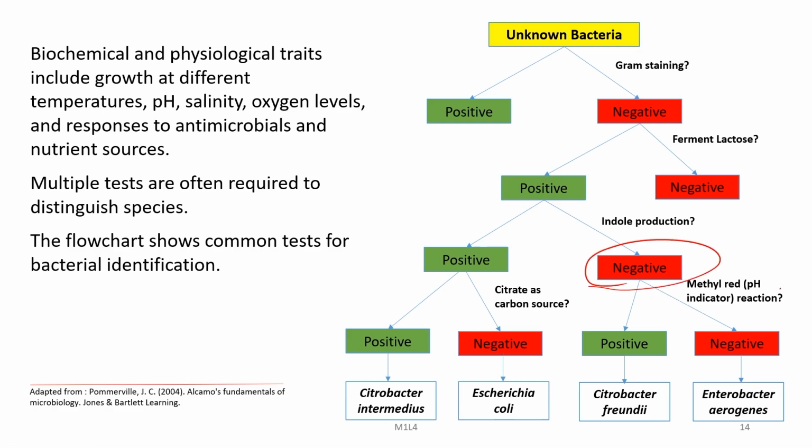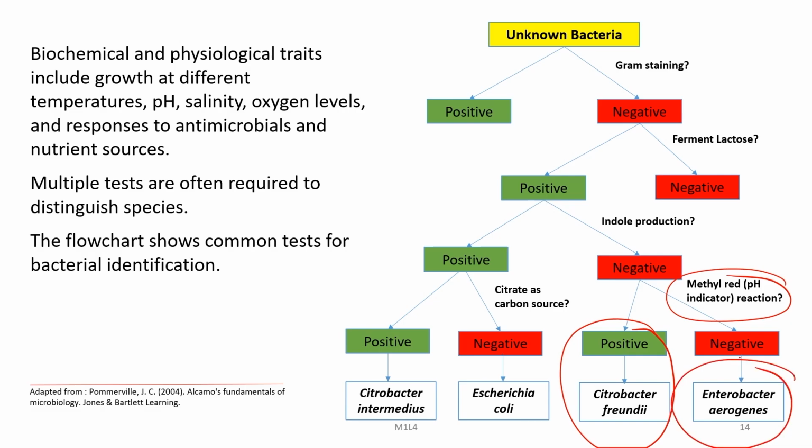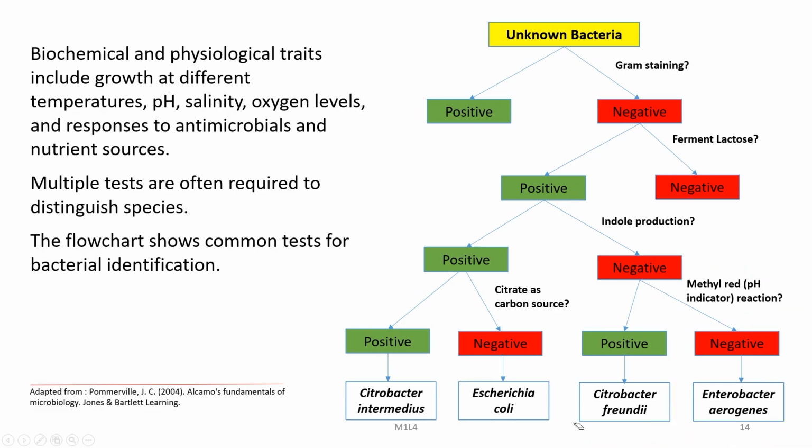then we will try to see whether it gives any kind of methyl red pH indication reaction, and if it is positive, we can tell that it is a Citrobacter, or if it is negative, we may tell that it is Enterobacter. So, this is just an example, and there are many such flow charts where you can see many other such case studies.